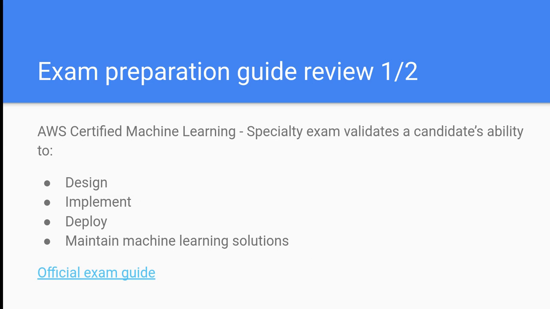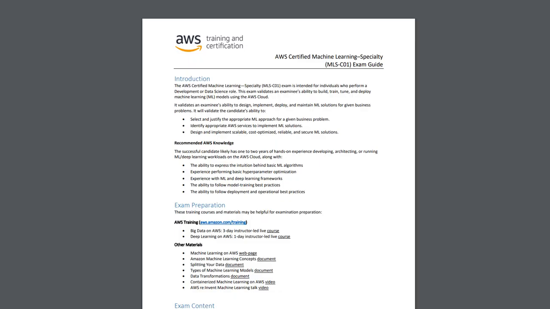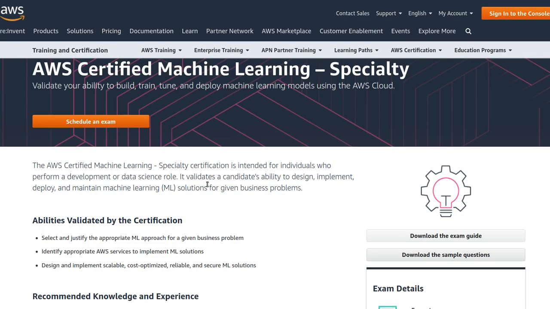So let's look at the official exam guide for AWS Certified Machine Learning Specialty Exam. So I have already opened it here. So we can see the AWS Certified Machine Learning Specialty and then the objective.